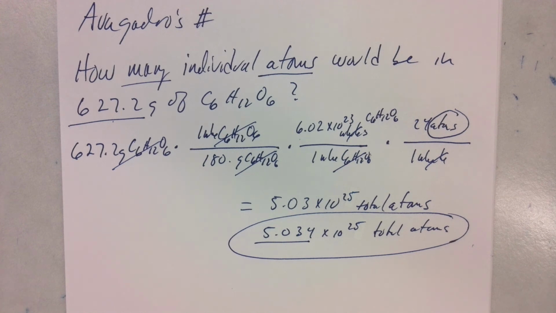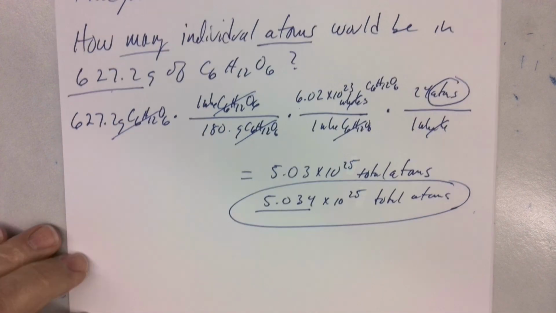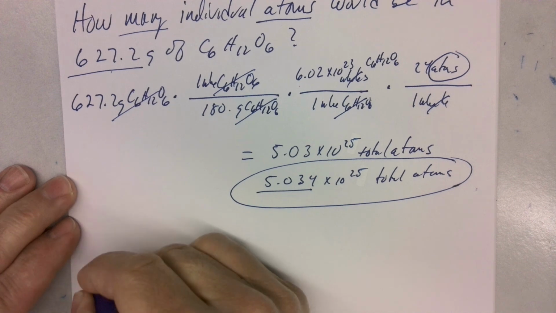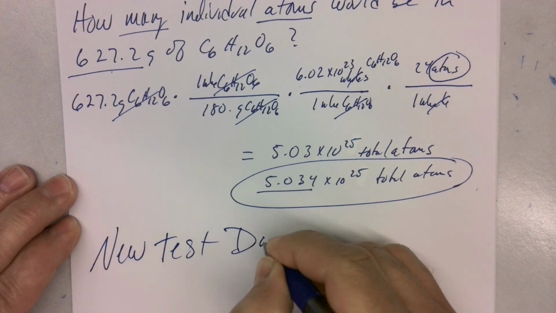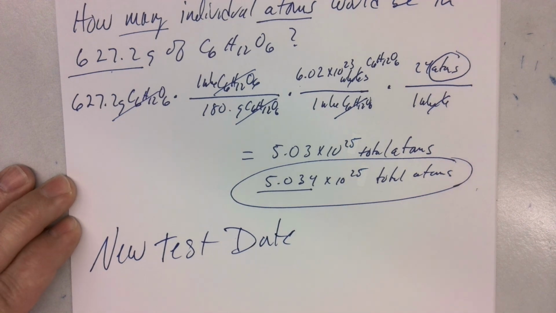Alrighty, so, if you have friends that are in this class, I would make sure that they know about the change in the test date. I am going to email every one of you and your parents, just so we're all abundantly aware. I don't care if you've got to get the day off or whatever, but it has to happen this way. New test date.